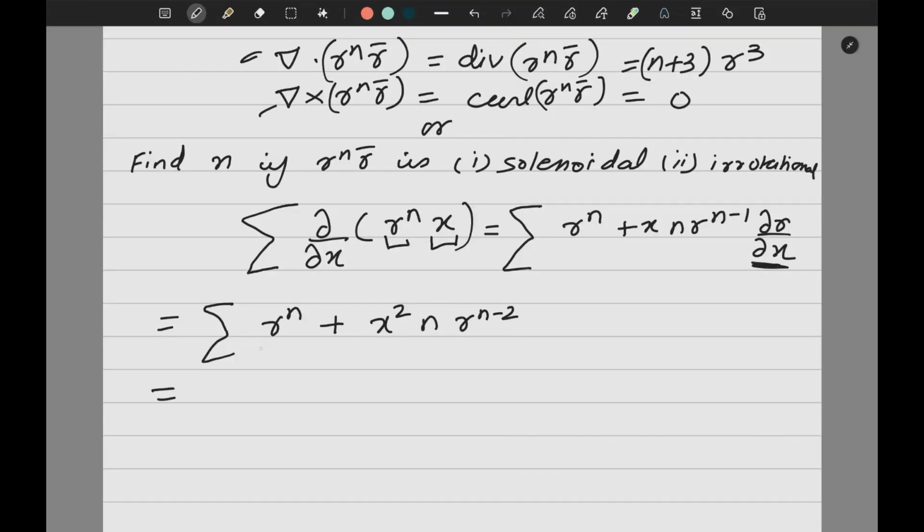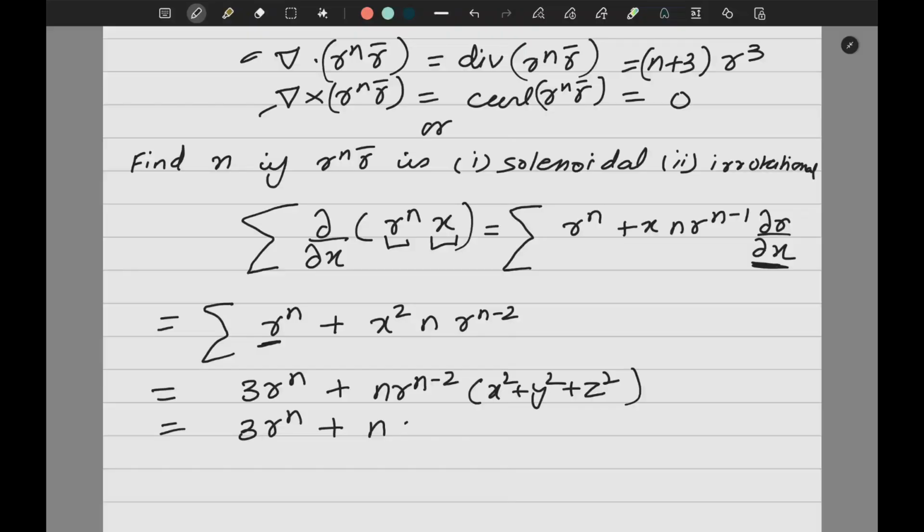Now when I open the summation, this r to the power n will be in all three terms, so 3 times r to the power n will come, plus n r to the power n minus 2 will be common in 3, and x square plus y square plus z square, which is r square. So r square and r to the power n minus 2, the 2 will get cancelled. You will be left with this. So (n plus 3) r to the power n is your divergence. So this is the first part done.